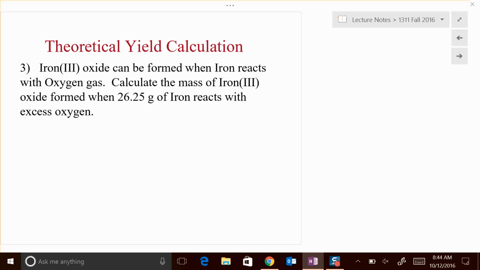This is grams of iron, and multiply that by 2.